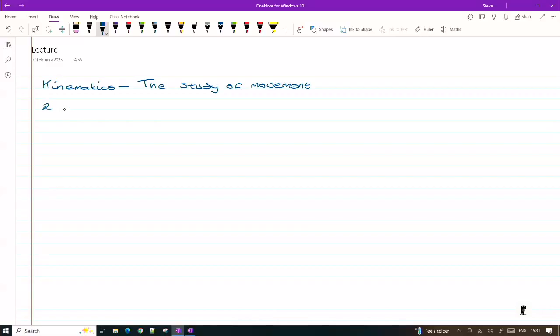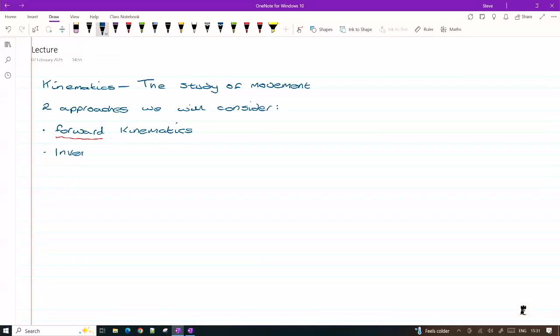So the two approaches we're going to consider are forward kinematics and inverse kinematics.